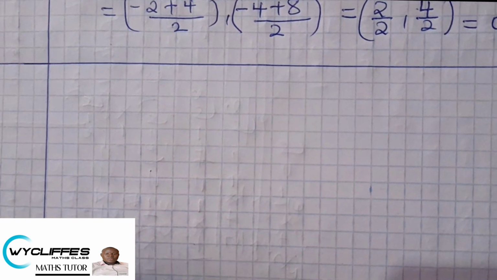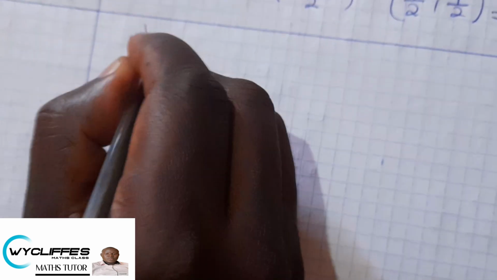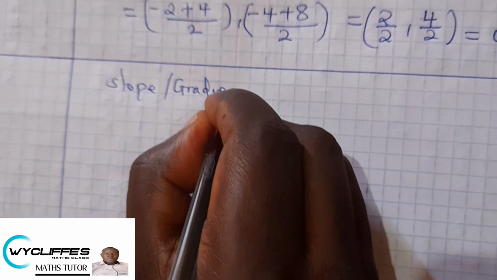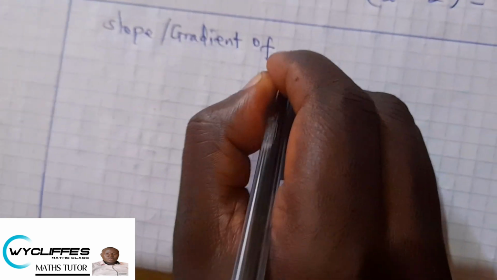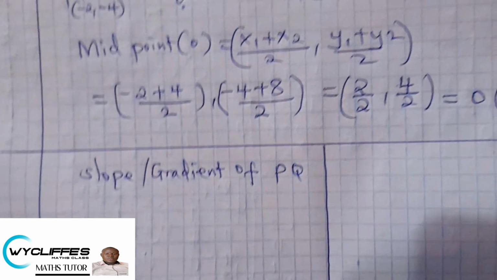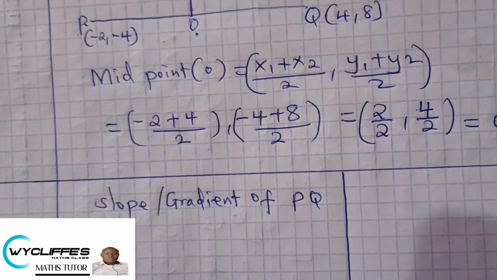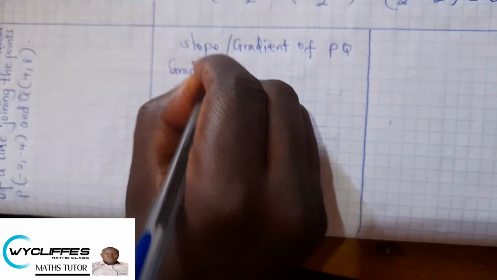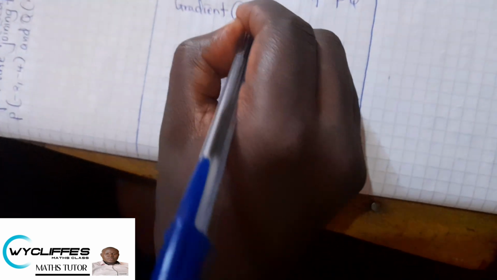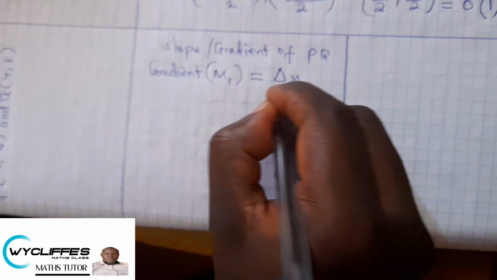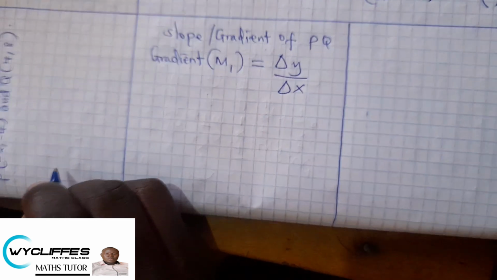The first thing is to get the gradient of PQ. This is the formula to get gradient or slope. Let us call the gradient of PQ M1. Gradient is equal to change in y over change in x.